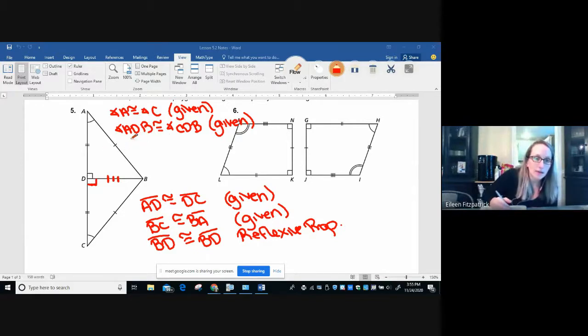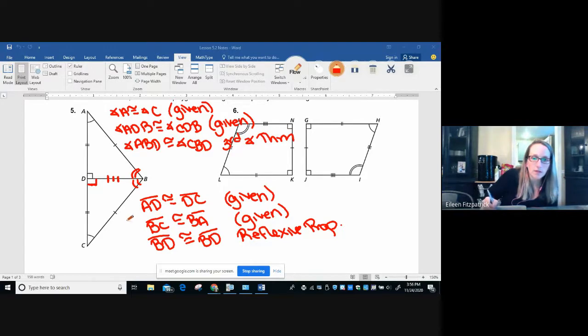All right, and then finally, how do I know that angle DBA, this angle right here, is congruent to this one? By the third angle theorem, the one that we talked about today, right? That if 2 angles of one triangle are congruent to 2 angles of the other, the third angles have to be congruent. So now I can say that angle ABD is congruent to angle CBD, and that's by the third angle theorem.